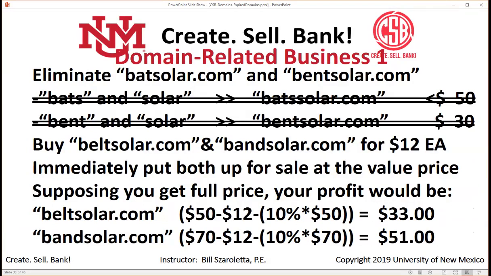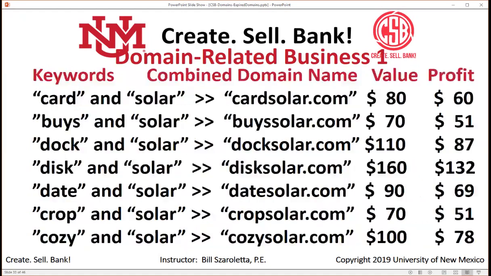That's a rough number to the auction house for your domain. So 10% of 50, and it comes out to be $33. And same thing for band solar. So, if you did that, you would have $84 of profit. And from that, you would pay yourself or somebody that's actually doing that for you.